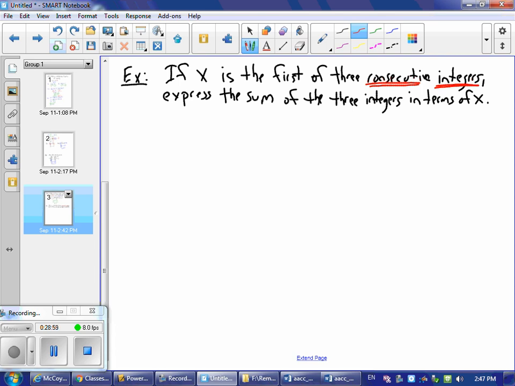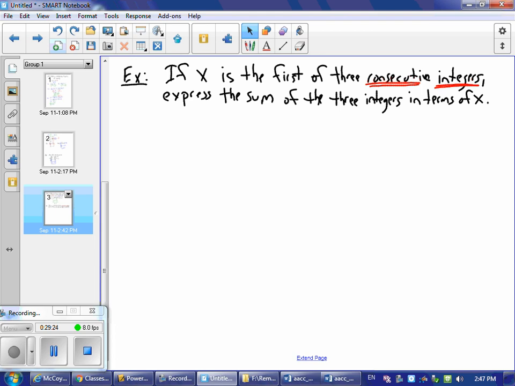Hopefully you guys have somewhat of an understanding of, meaning in a row. So if I'm going to take 3 consecutive numbers and I'm going to add them up, it would be like saying 6 plus 7 plus 8. Those are 3 consecutive integers. You could also do it using negative numbers. We could be negative 12, negative 11, and negative 10. Those are 3 consecutive numbers, integers, that you could add up.